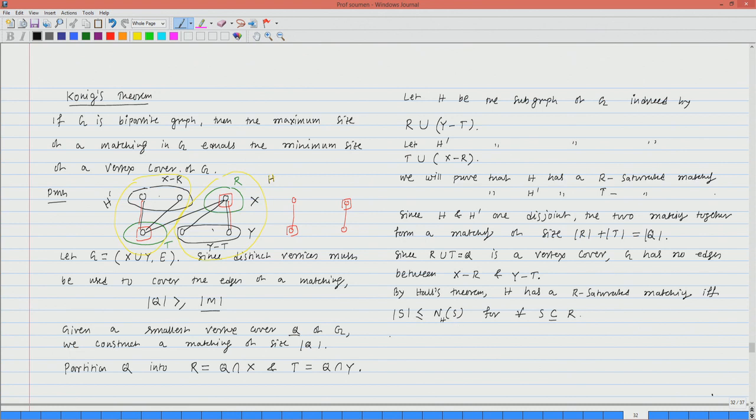Now, if this is not true, if say the size of S is greater than the size of N(S), then we will come to a contradiction.